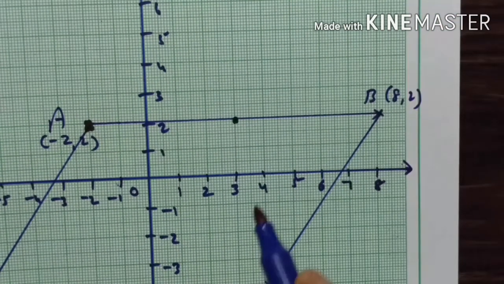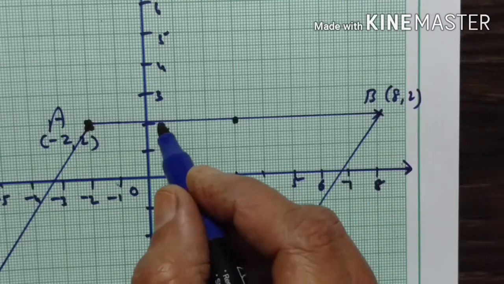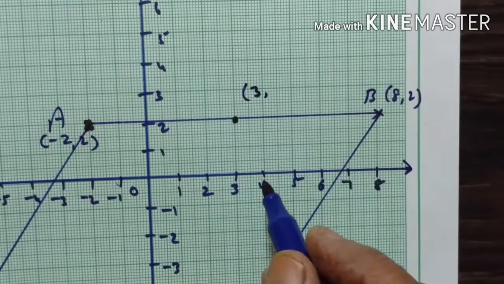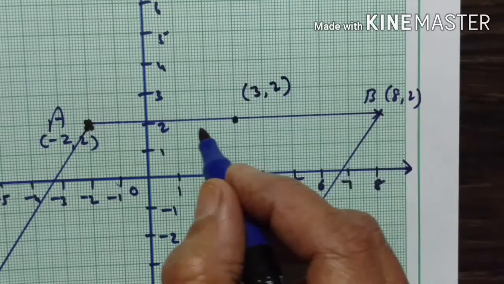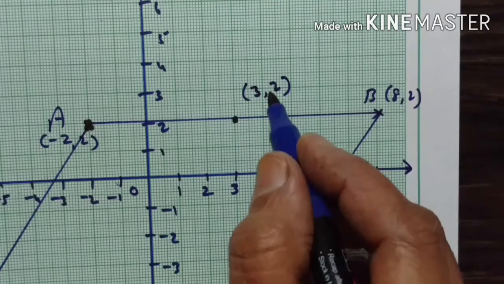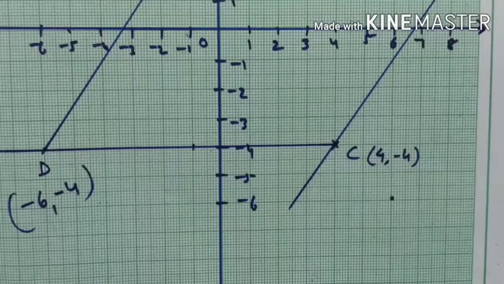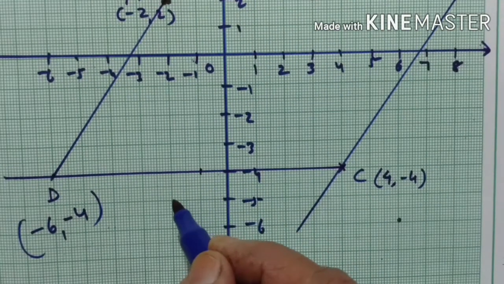What are the coordinates of this point? It is 1, 2, 3. X is 3 and Y is 2. So it is 3, 2. And this is minus 1.